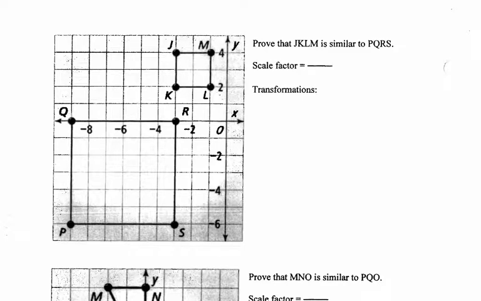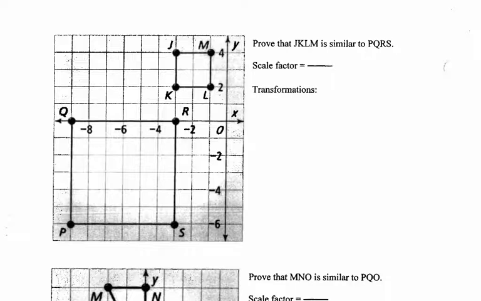For this problem, we're supposed to prove that JKLM is similar to PQRS. And again, to prove that, we are going to show that it is a series of transformations to get one to map onto the other. Now, if you think about it, remember we can make either JKLM bigger or we can make PQRS smaller.